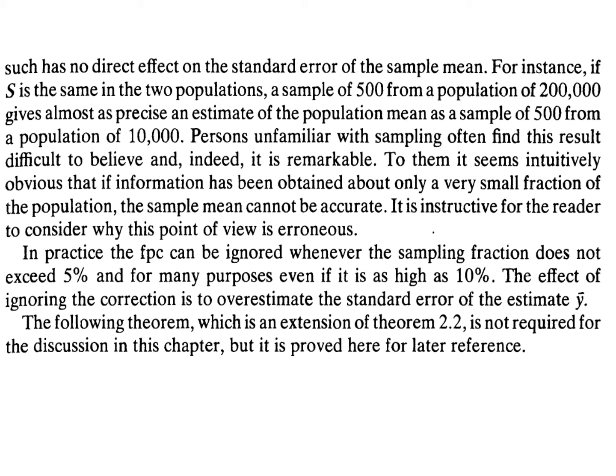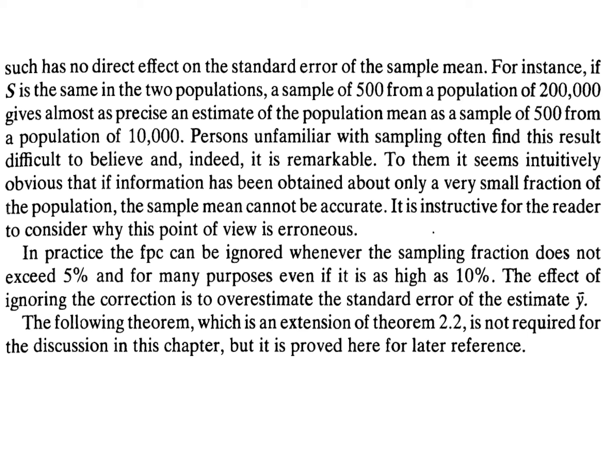To them, it seems obvious that information has been obtained about only a very small fraction of the population. The sample mean can't be accurate. It is for the reader to consider why this point of view is erroneous.